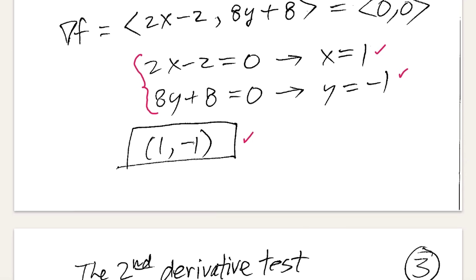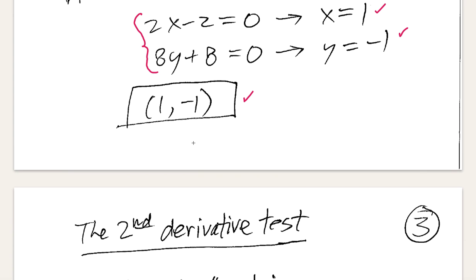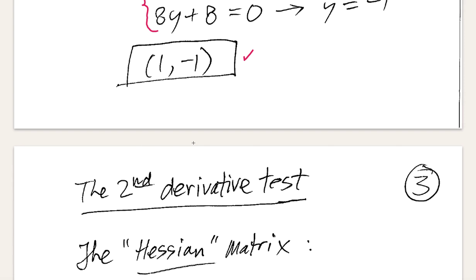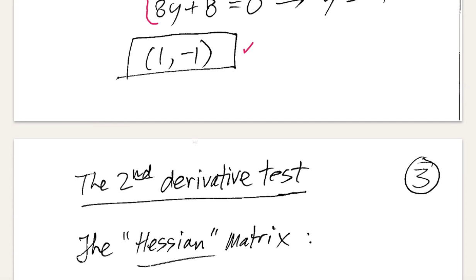Okay? Now, before I go on and do any more examples, I'm going to talk about a second derivative test for this. I'm going to eventually get around to actually proving this second derivative test, but right now I just want you to be familiarized with it.